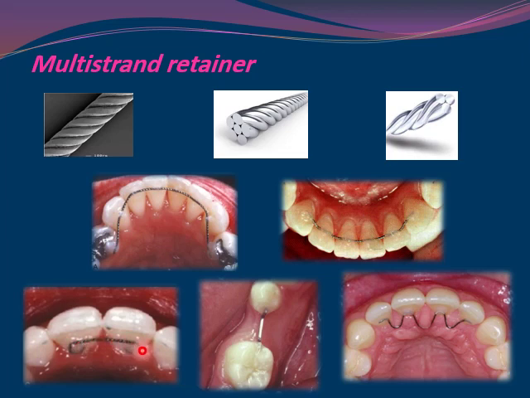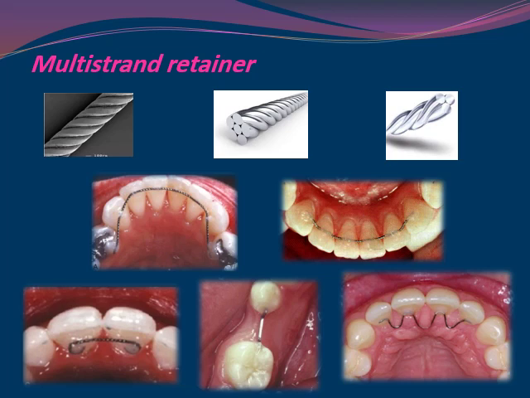It is also indicated in midline diastema. In certain cases we can make a small U-loop as a modification, so that in addition to chemical retention we get mechanical retention. This is also a type of multi-strand retainer. Also we can use a high gauge, thick stainless steel wire to keep space for a pontic or implant.